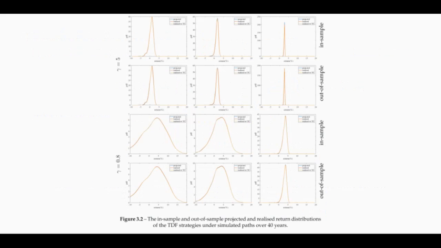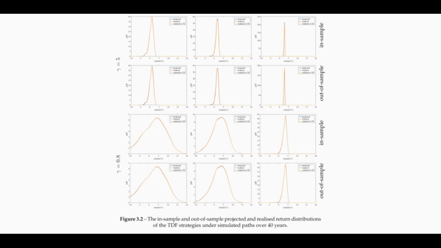So what we can see from here is that the risk-seeking investor realizes returns with a much wider spread. So under different scenarios, he will get different returns, whereas the risk-averse investor realizes relatively stable returns, with much less variance.